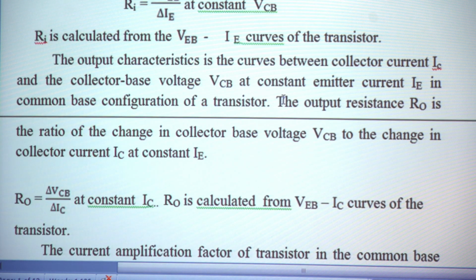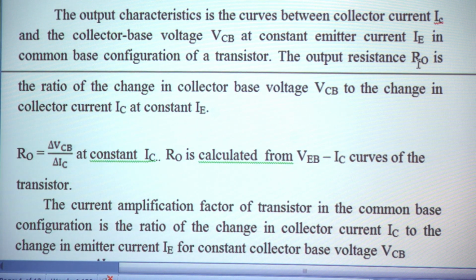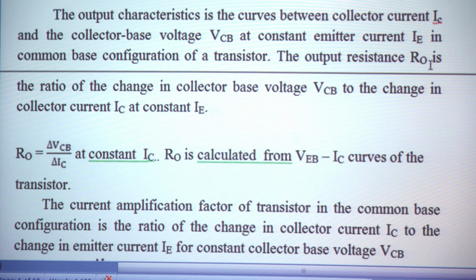Similarly, the output characteristics is the curve plotted between the collector current IC and the collector base voltage VCB at constant value of emitter current IE. Now from the output characteristics we can find the output resistance RO.